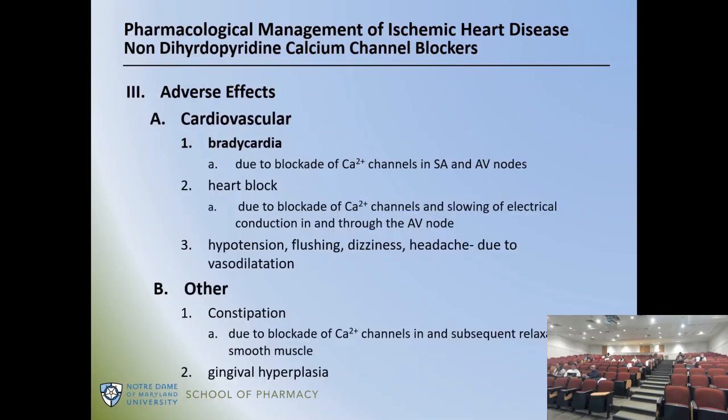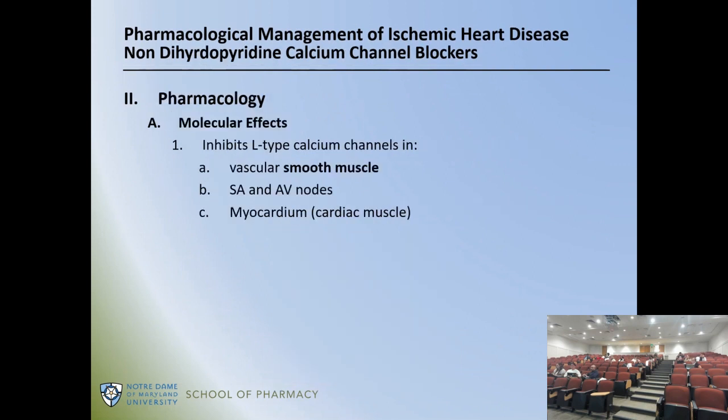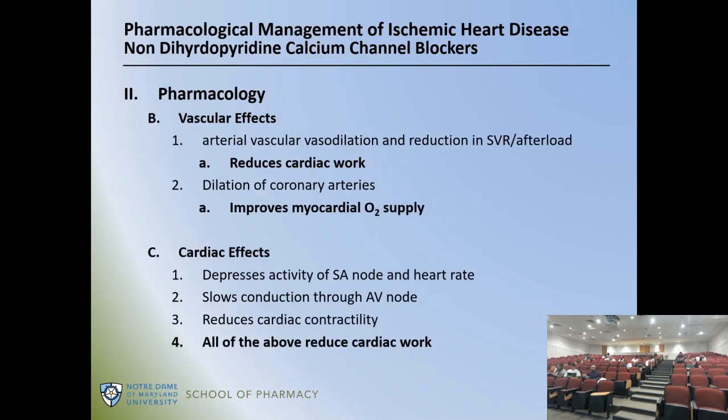Let's go back a little bit here, just so I don't move through things too quickly. Here's our diltiazem, okay? Don't worry about the med chem. Again, we know that they block L-type calcium channels that exist in the SA node, the AV node, cardiac muscle, and vascular smooth muscle, okay? The vascular effects of the drugs, we've already talked about this, right?